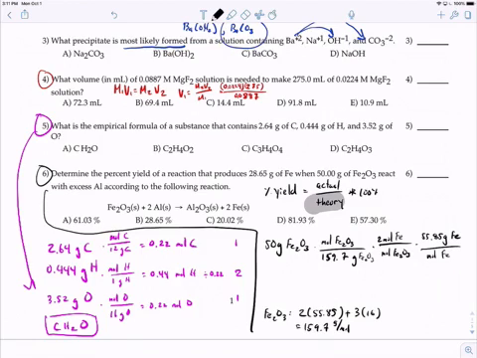So 50 grams, molecular weight of iron oxide to get the moles of iron oxide. There is a 1 to 2 molar ratio here, and then the atomic mass of iron.